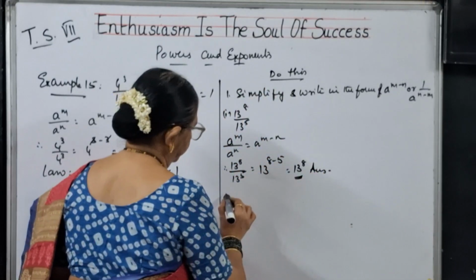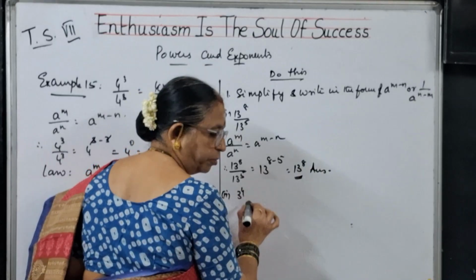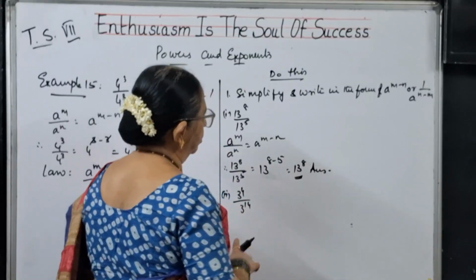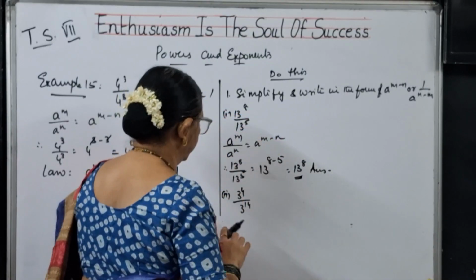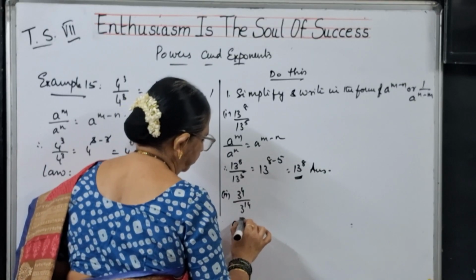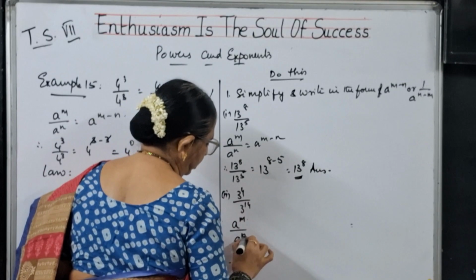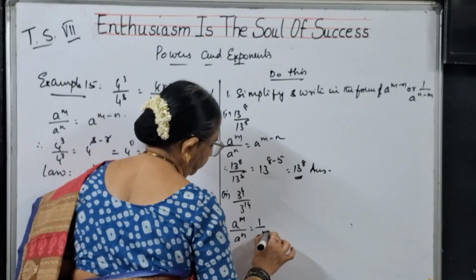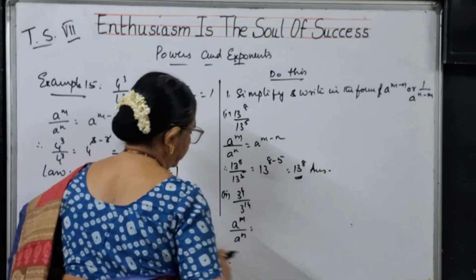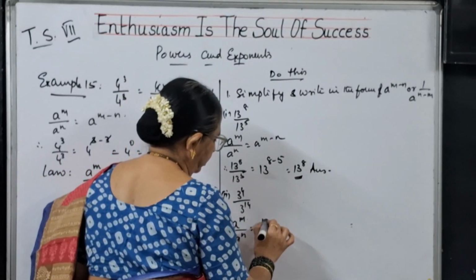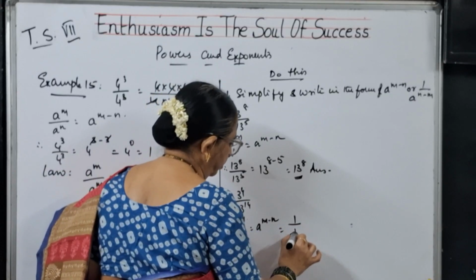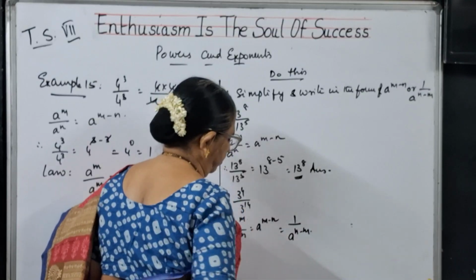Next one, 3 to the power of 4 by 3 to the power of 14. Here we use the law that a to the power of m by a to the power of n is equal to a to the power of m minus n, but this can also be written as 1 by a to the power of n minus m.